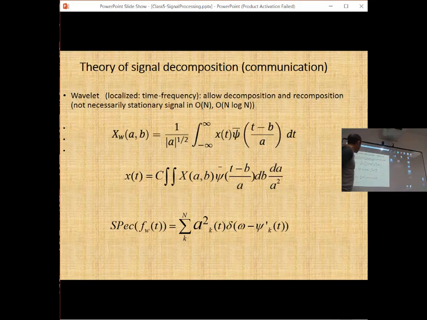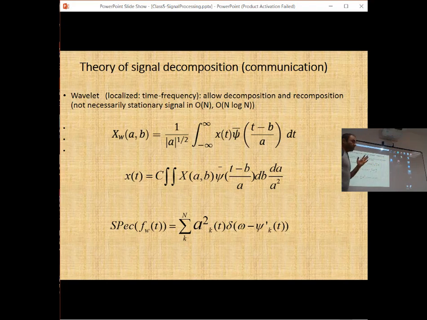That is, if you have this, you can integrate over b and a, and you recover the function, which means that you can use this as we do in Fourier series. In Fourier series, if you truncate, let's say you have 100 terms, you cut, and you want to approximate your function by this, you can do the same here.